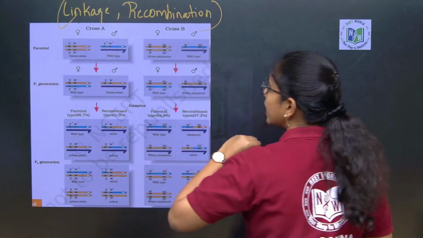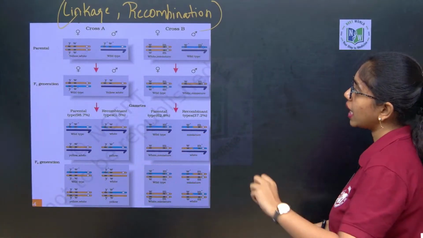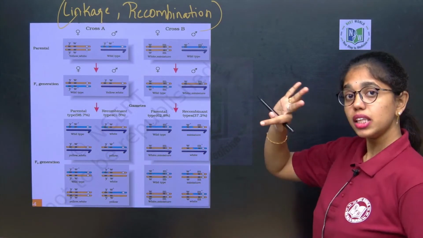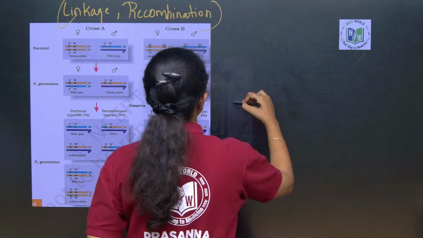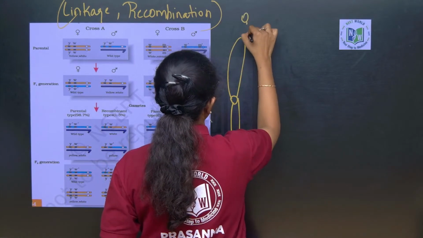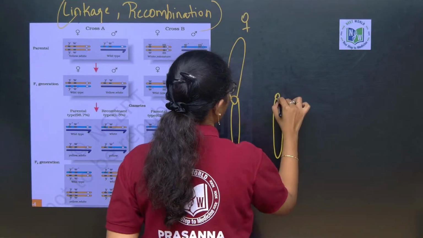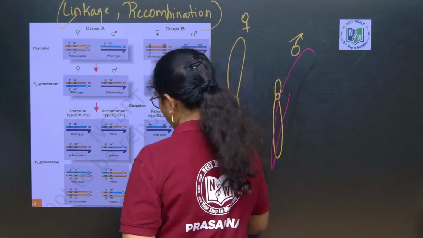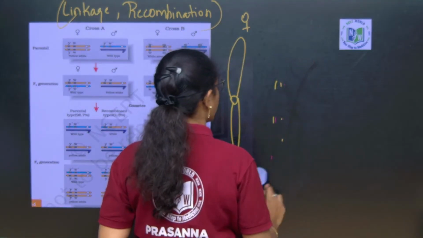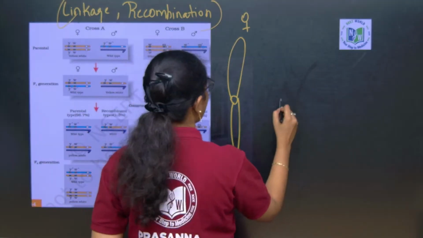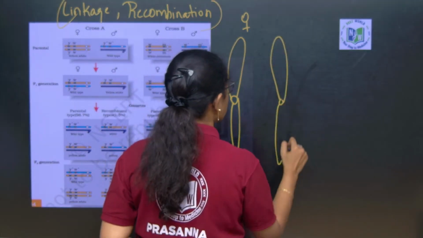So, in this linkage and recombination experiment, in the parental generation, he has taken 3 traits of the female parent and male parent. Of course, the Y chromosome will be shorter than the X chromosome, but here I will take them similar so that you can mark the traits easily.